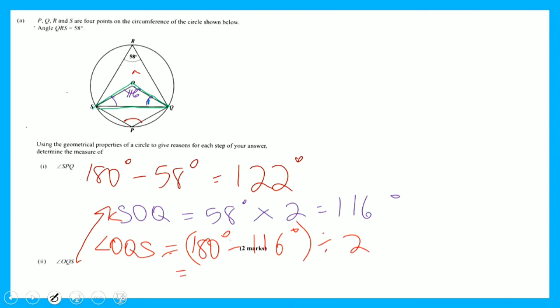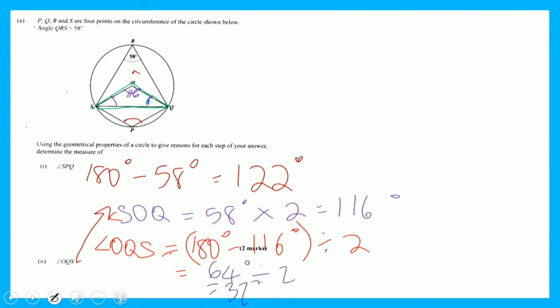It's going to be 32 degrees, and that one is finished.